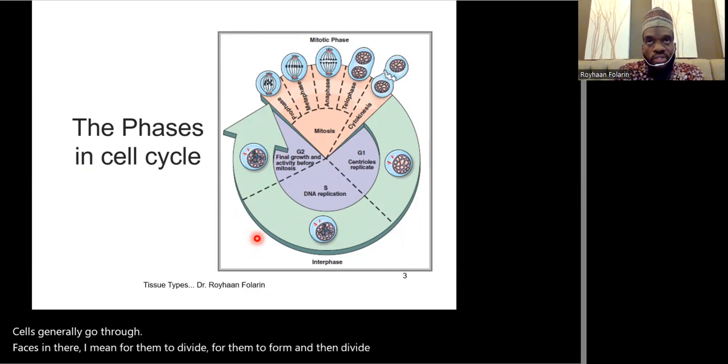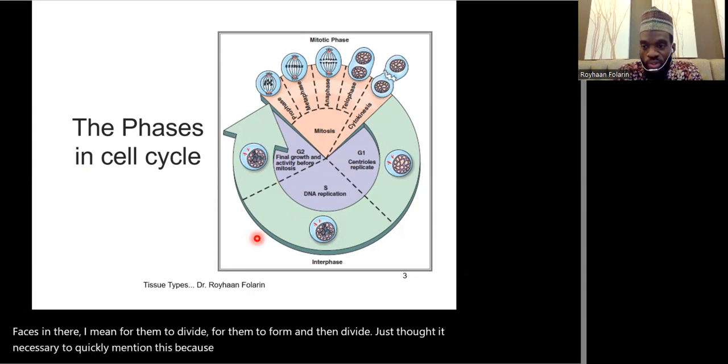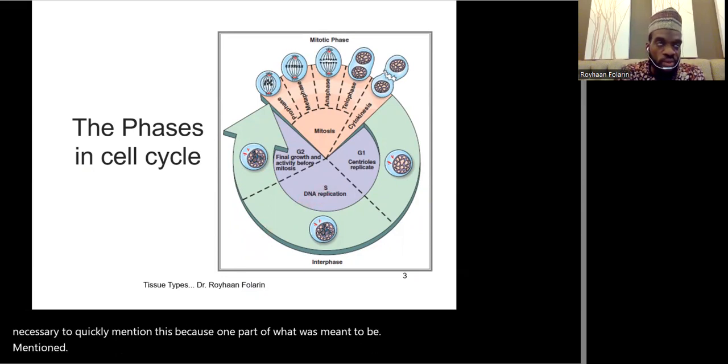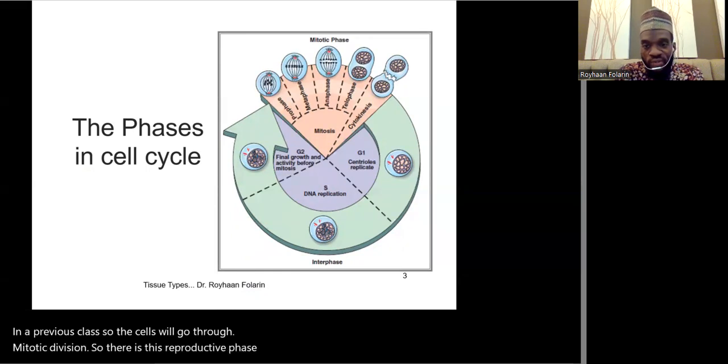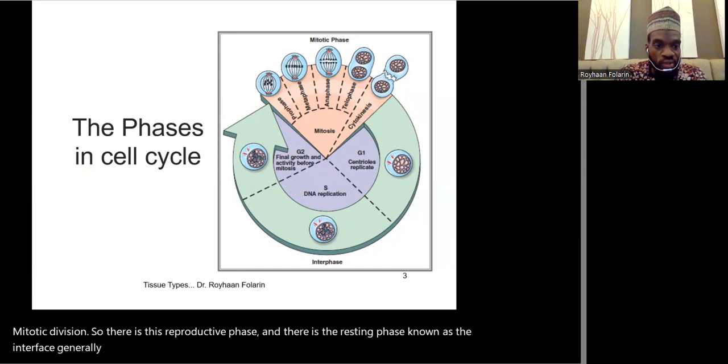I just thought it necessary to quickly mention this because it was part of what was meant to be mentioned in a previous class. So the cells will go through mitotic division. There is this reproductive phase and there is the resting phase known as the interphase generally.